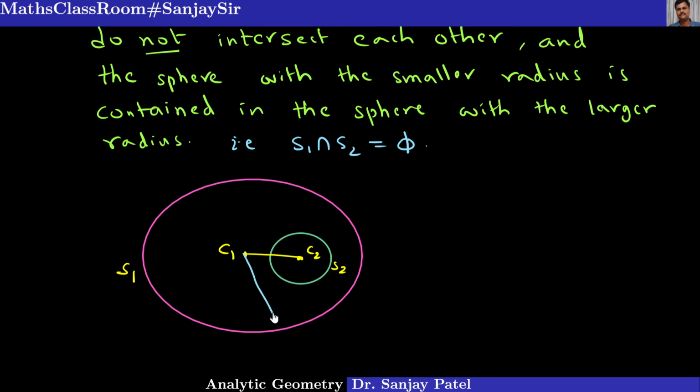So this is R1, radius of the first sphere, and this is R2, radius of the second sphere. Okay, so the two spheres are not intersecting at all. So S1 intersection S2 is empty set, and here you can see that S2 is contained in S1, because in this figure I have taken radius of the sphere S2 as smaller radius. So S2 is a sphere with a small radius which is contained in the sphere S1 with the larger radius.